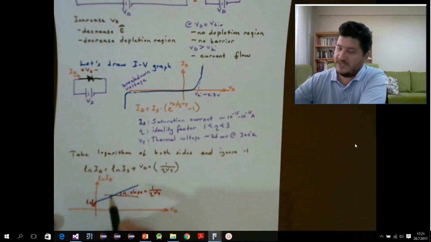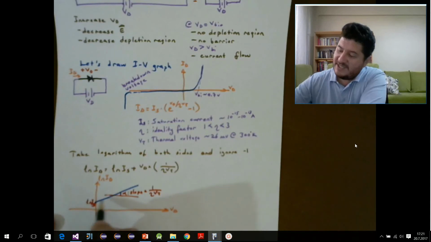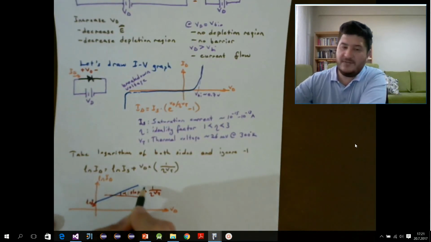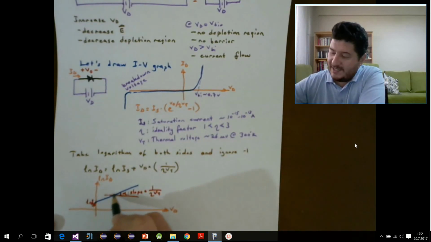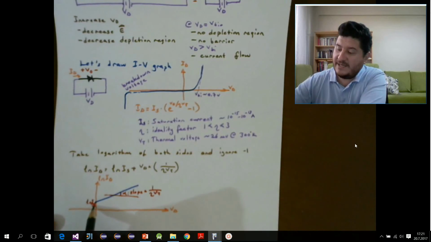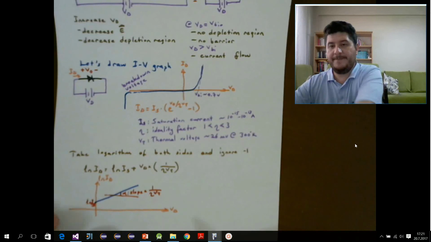For example, we can find 10 VD values and 10 corresponding ln ID values. We draw this linear graph, and then we can find the ln IS and N values here.